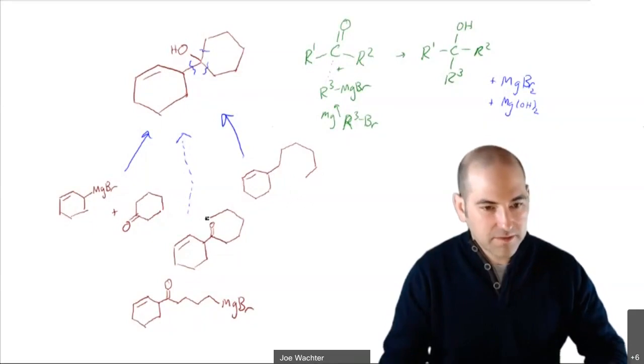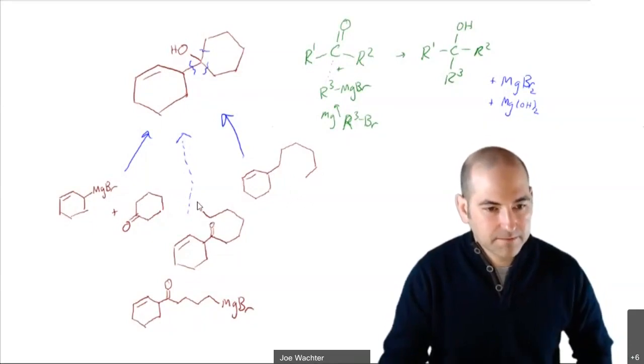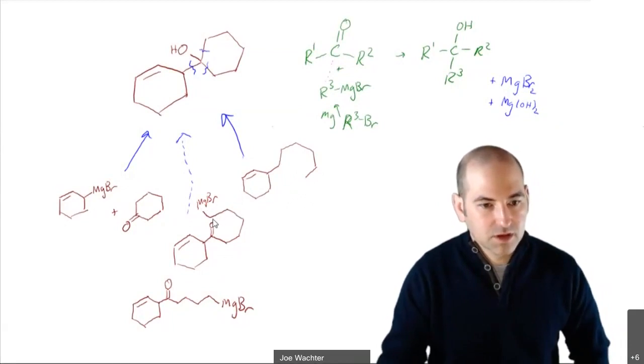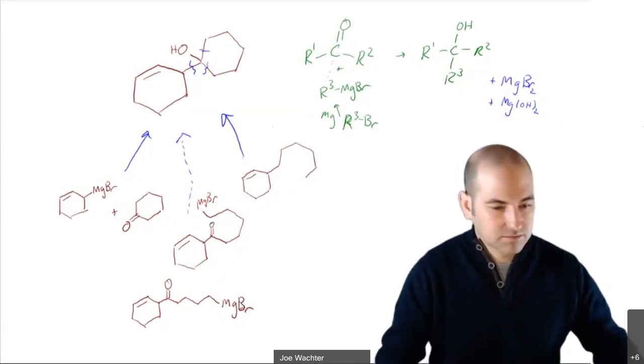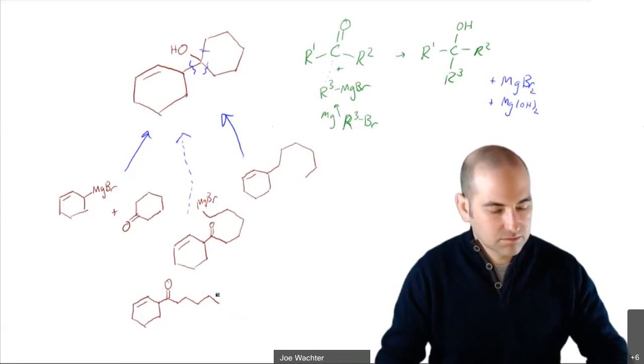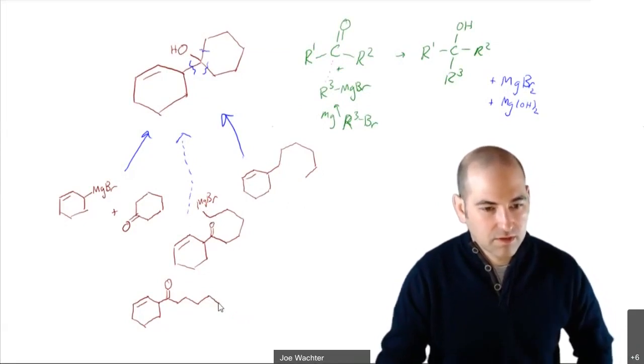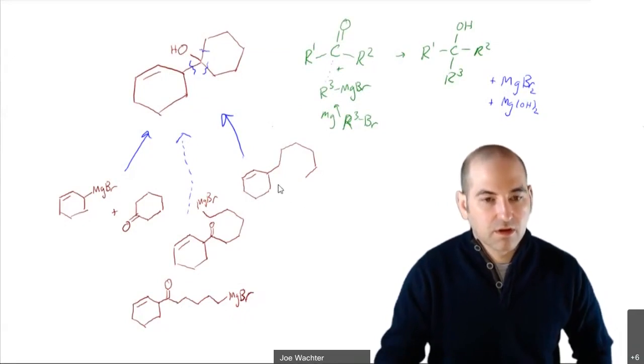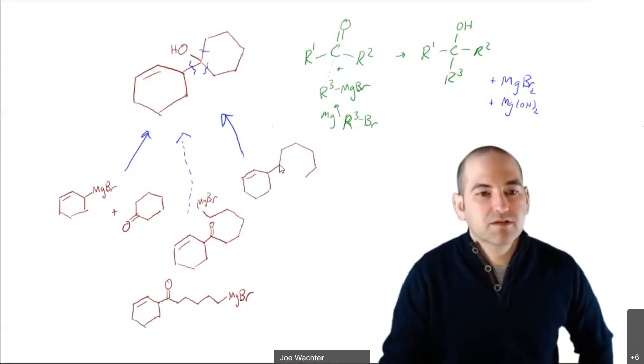Missing a carbon, sorry. Because we gotta have that carbon there, right? Gotta have 6 carbons. Sorry, I miscounted that. So here, 1, 2, 3, 4, 5, 6.